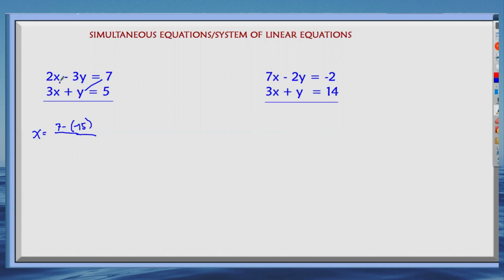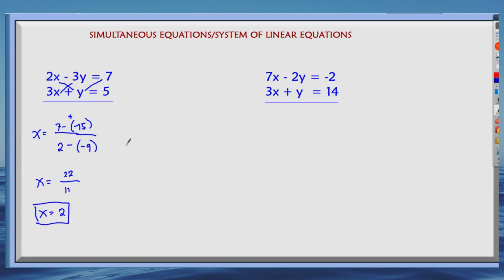And then in here, 2 times 1, so we have 2. And 3 times negative 3, so we have minus negative 9. And solving this further, that will be plus. 7 plus 15, so we have 22, over 11. Thus, x is equal to 2.